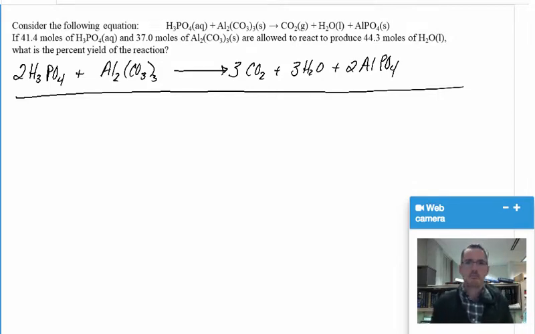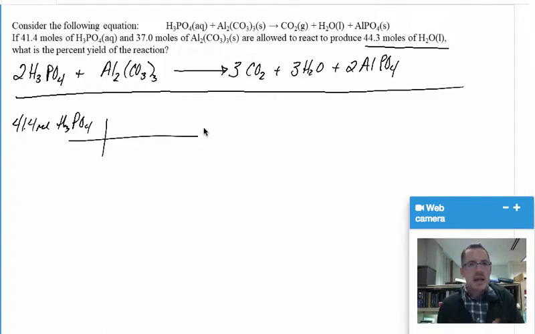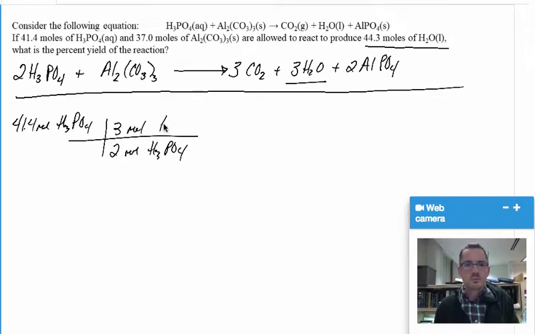Let me explain. Now, we know that we're dealing with producing water. So let's find the limiting reagent in terms of moles of water. First, we'll start with 41.4 moles of my H3PO4. And based on my mole to mole ratios in my balanced reaction equation, I have 2 moles of H3PO4, and I need those 2 moles to produce 3 moles of water.